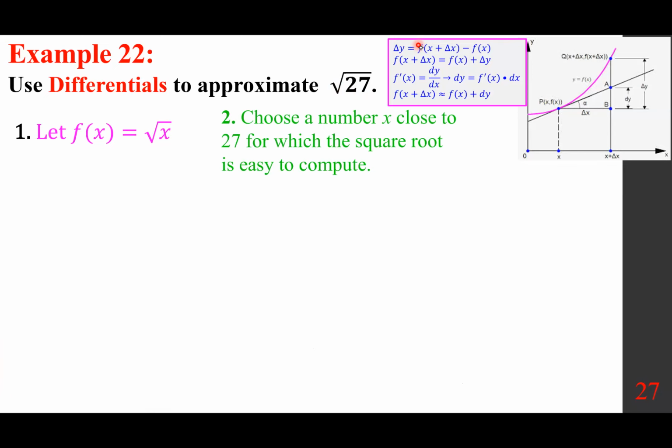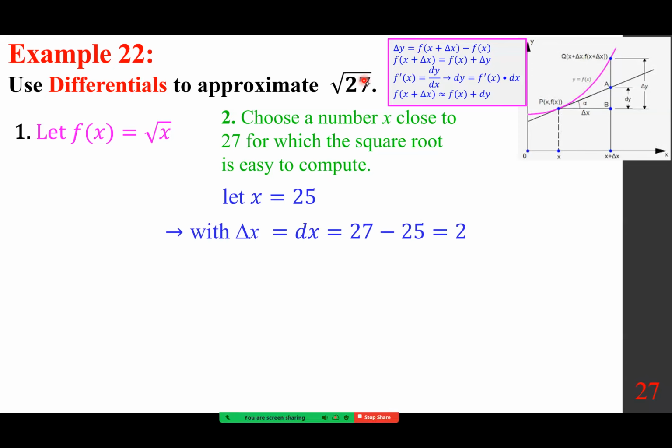The closest number is 25 because the square root of 25 is 5. Then the change delta x or dx is 27 minus 25, or 2, because we are going to go from 25 up. So it's positive 2.